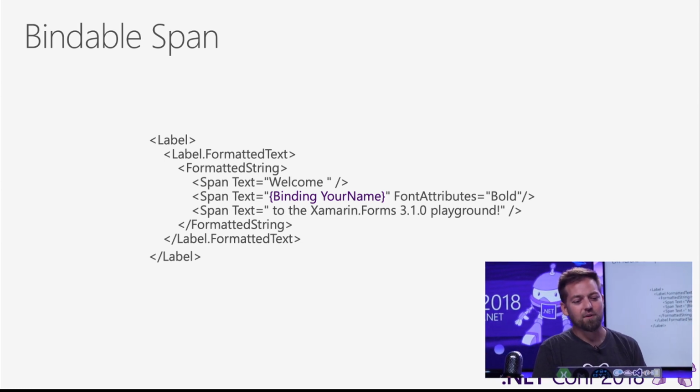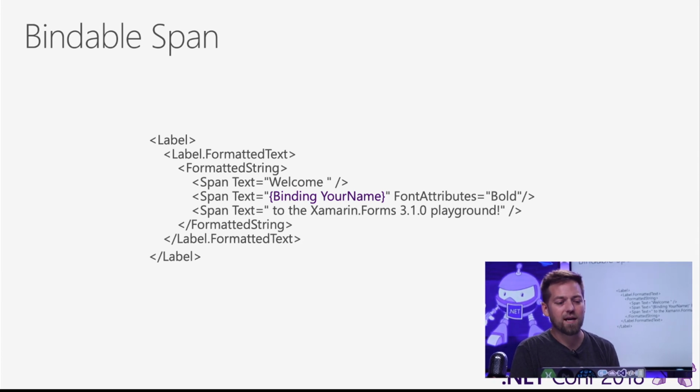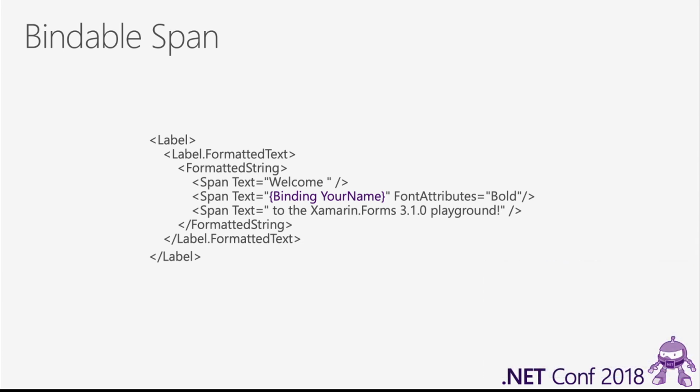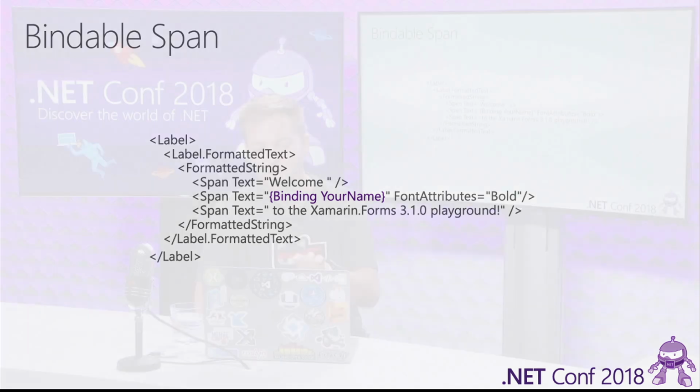But then of course, once you start using formatted text, you're starting to want to do things like what you see here. You want to be able to bind into those spans. And so now that's available. Thank you, Adam, for contributing that. And I think everybody will get a lot of use out of that. Now, something that goes along really well with that is commandable span gestures. So you can add gestures onto the span itself, as you see here, and commands work great.